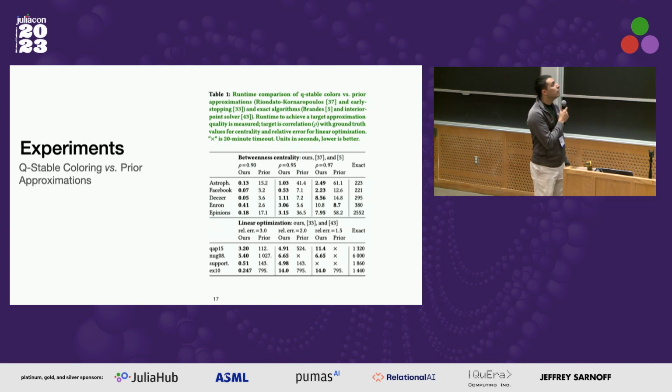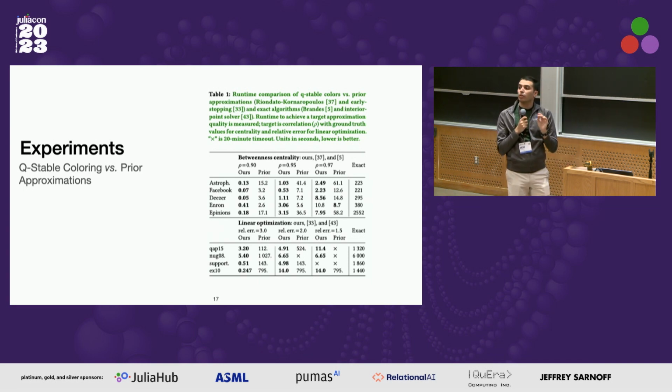If we look at centrality, we compare in these slides an approximate algorithm, the RK algorithm for betweenness centrality, to our approach, right? So the way to read this is, in the first half of the figure, each row is a data set, and the columns are grouped by the error bound that you're demanding.